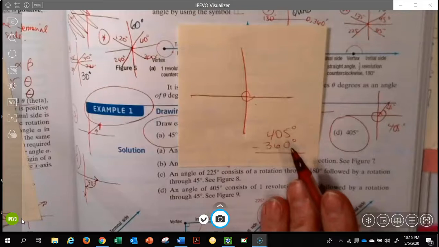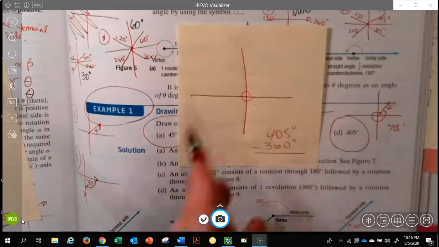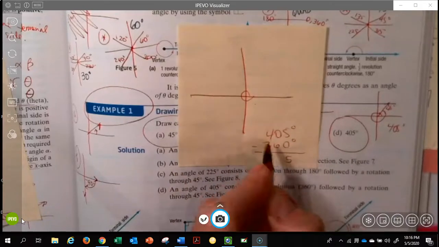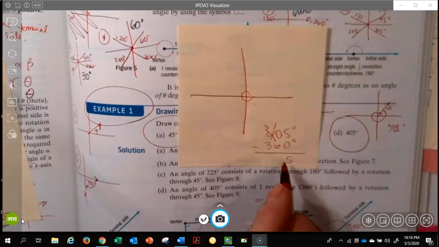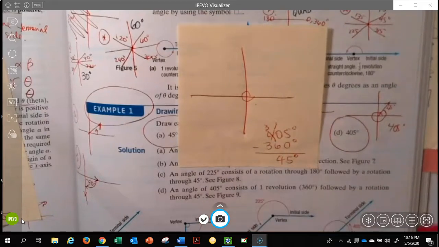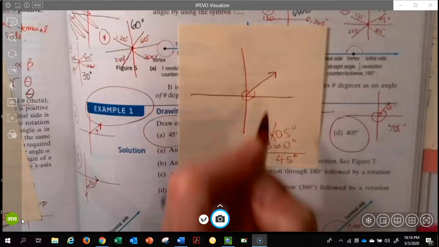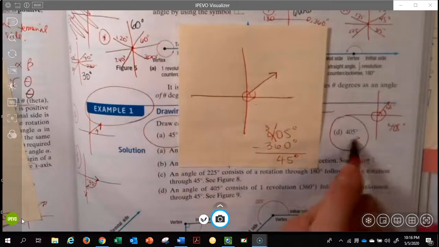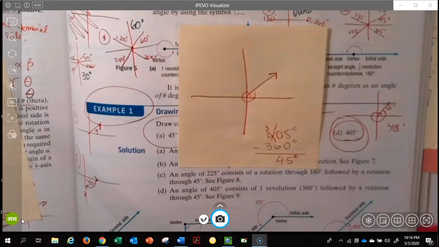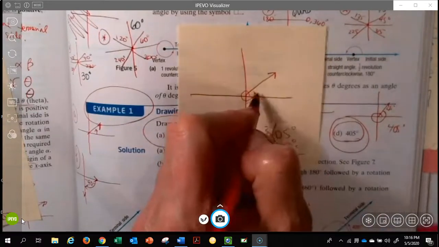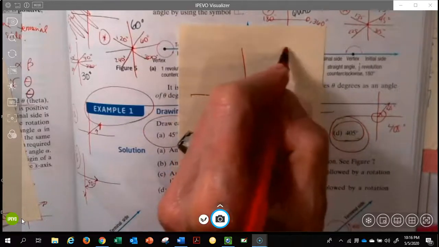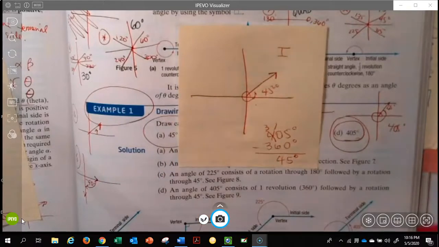But your brain's got to see that if I take out this full loop, if I take out a 360, and I can do my borrows and all my other good stuff like that, well, look there. It goes on up to here, and so my 405 degree angle is really just a 45 degree angle in the first quadrant. That's going to help me figure out stuff that we're going to get to in this class.